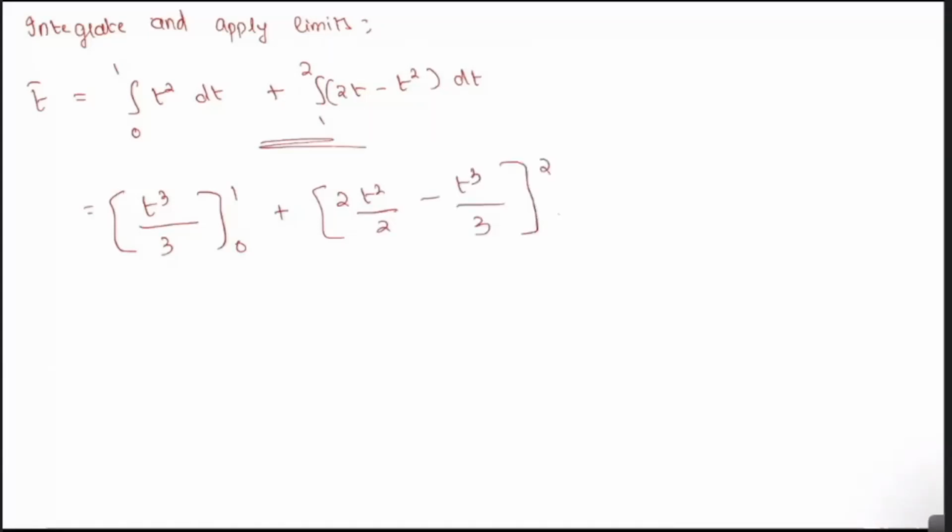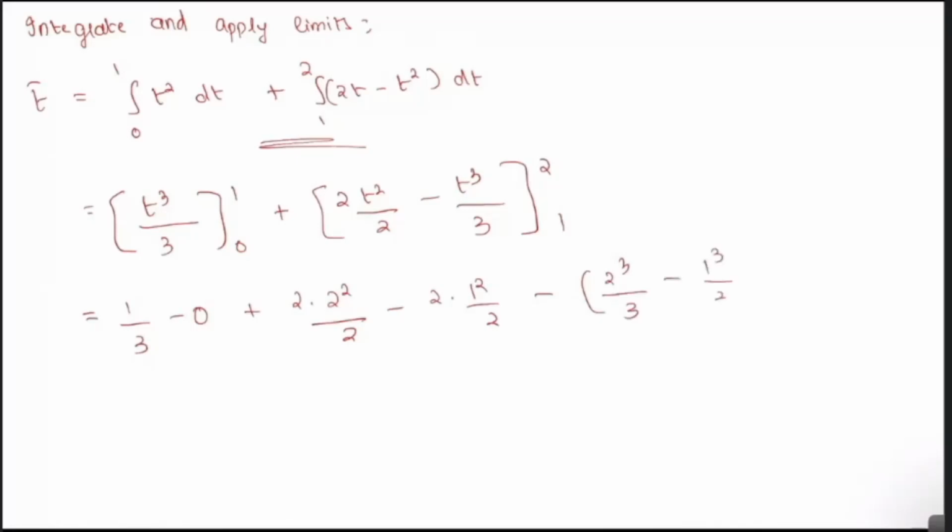So now if we apply the limits, this will be 1 by 3 minus 0 plus 2 into 2 square by 2 minus 2 into 1 square by 2 minus t cube by 3, applying from 1 to 2, that will be 2 cube by 3 minus 1 cube by 3.